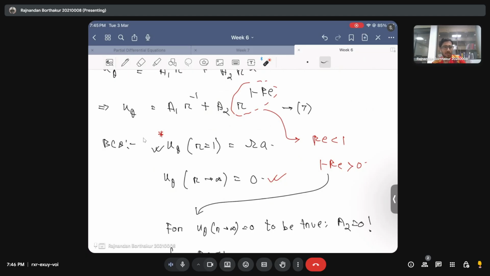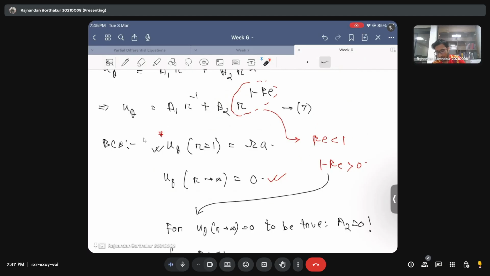There is something known as circulation, so you can define circulation, and then up to Reynolds number less than 2 you can find an analytical solution. But for greater than 2, for this problem you actually cannot find an analytical solution, because you cannot determine the exact value of a2 from the given boundary conditions that we have at our disposal. So I hope you can realize that you can only find an analytical solution, at least for this given boundary condition, when Reynolds number is less than 1.